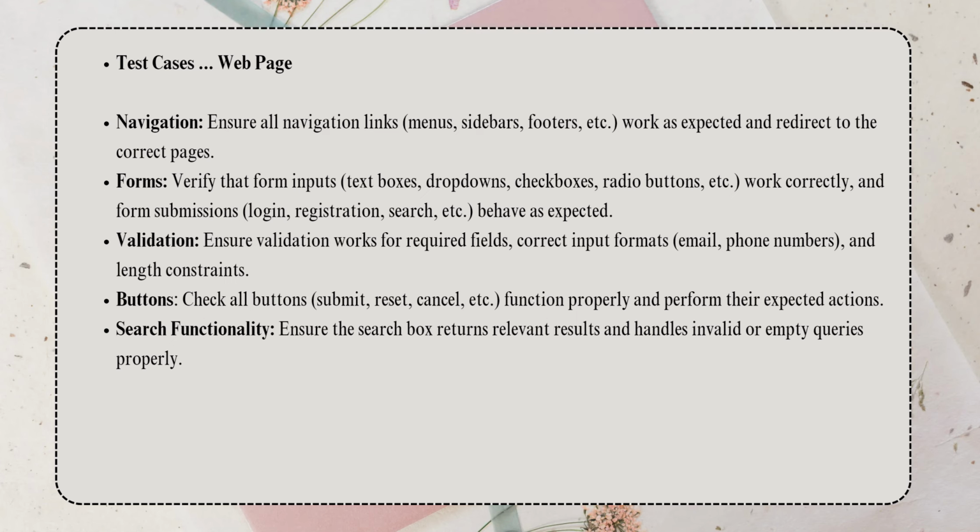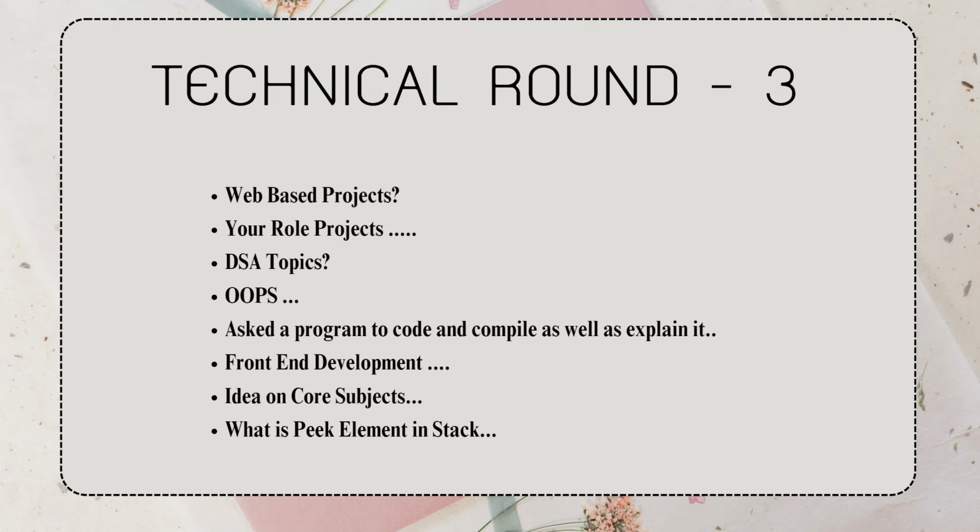They're asking in that way, okay? They're mainly focusing on web based projects, so be sure while answering that you are good with web based projects or not. If you are not good with them, don't answer yes. If you are good with them only, you can answer yes. If you are not, then say your projects.